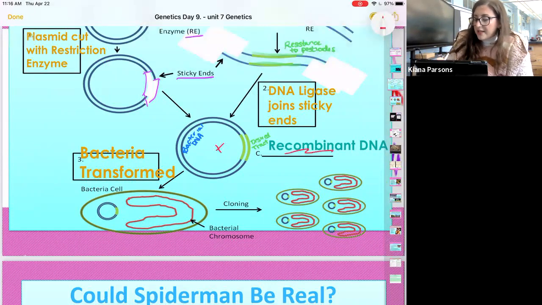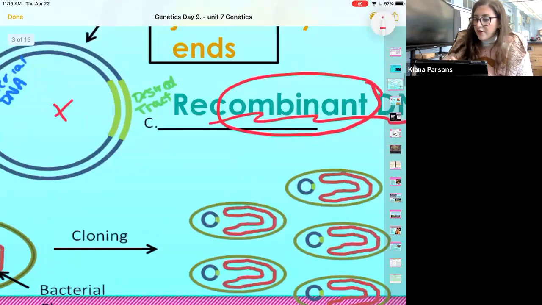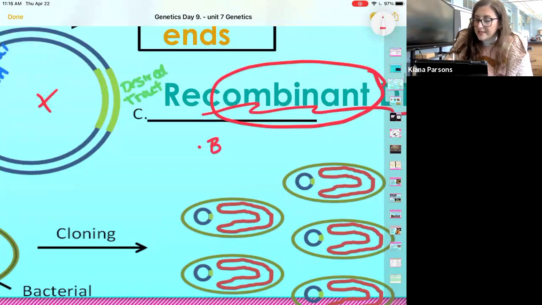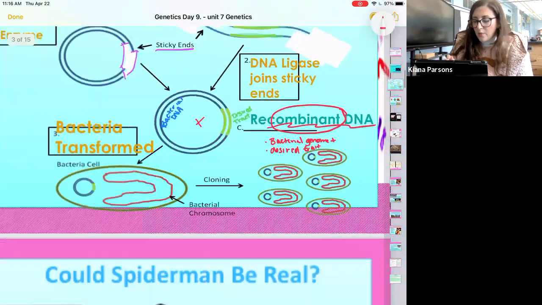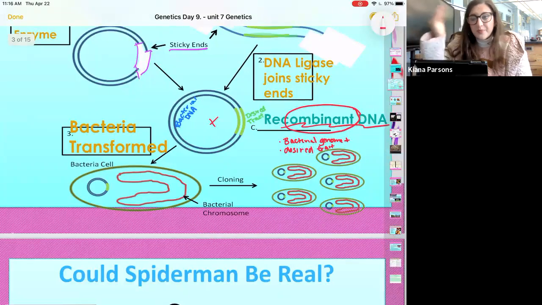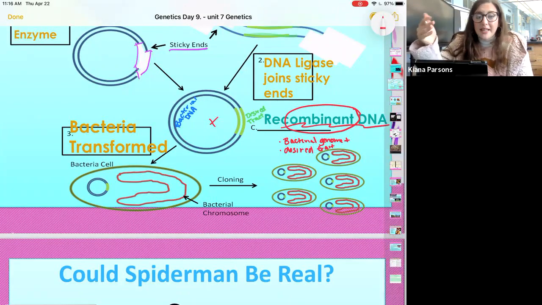is recombinant DNA. It is a combination of the bacterial genome plus the desired trait. This is something human beings create when they want to make many copies of something.